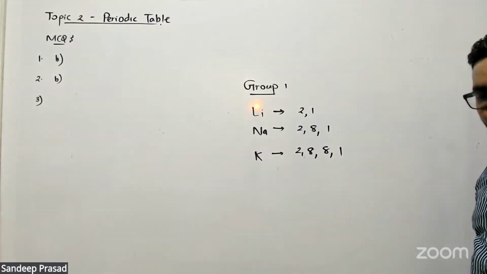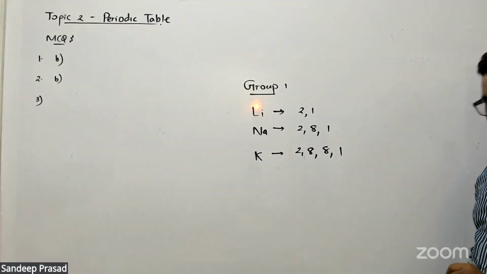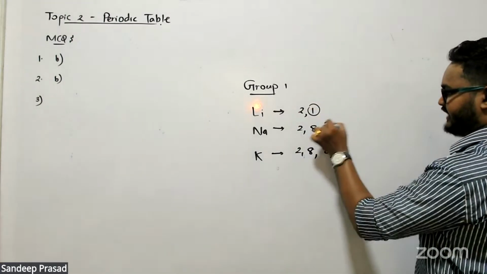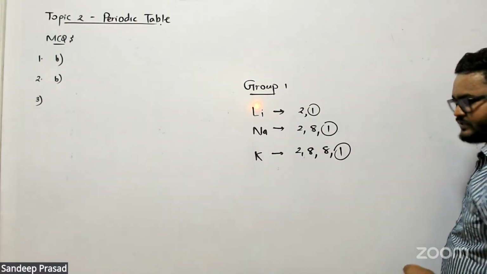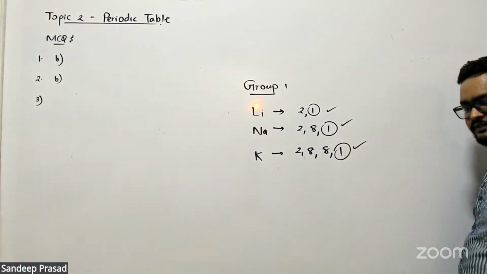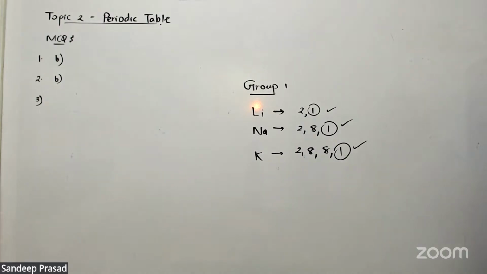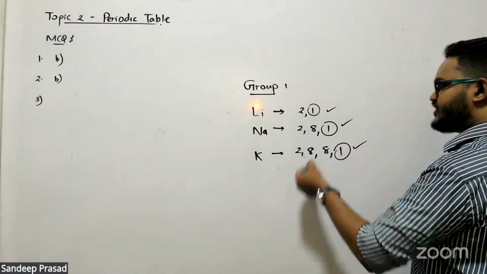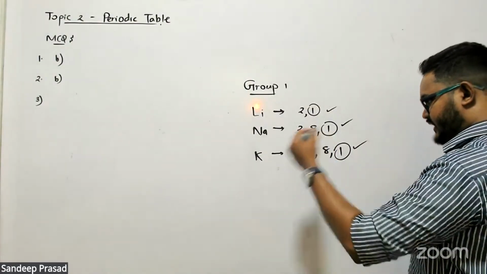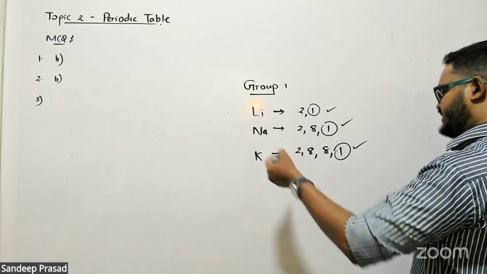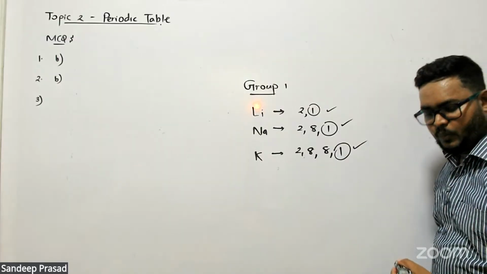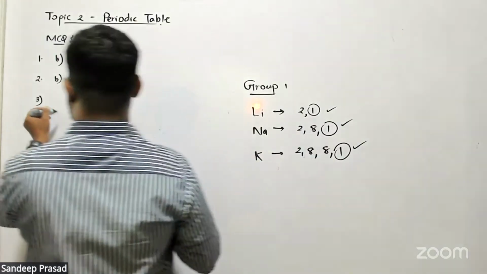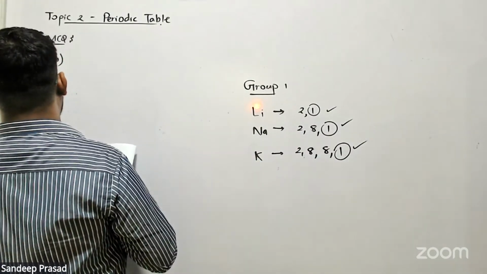So what is the common thing that you see in the group wise elements? The common thing is the valence electrons. Valence electron means the last principal energy level. The last energy level is always containing 1 electron. So therefore here, same number of valence electrons. So therefore question number 3 answer is B.